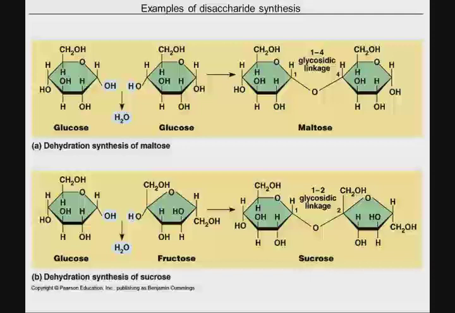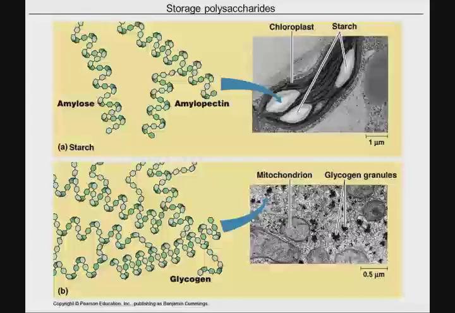And sucrose is basically the table sugar, or the sugar that you have at home, that granulated sugar. That's mostly sucrose. So now we go from monosaccharides to disaccharides, di being two saccharides put together. After that, we basically go up to polysaccharides as we start to link hundreds or thousands of monosaccharides together.